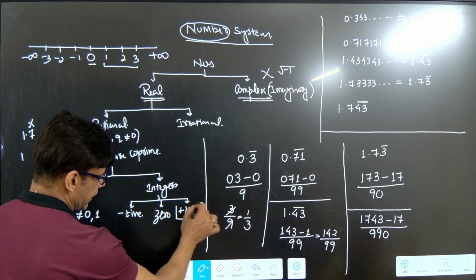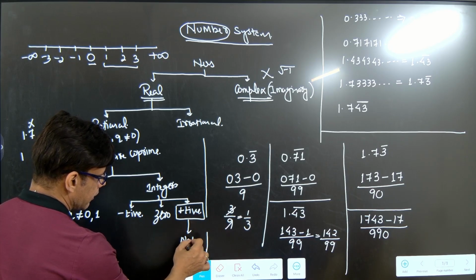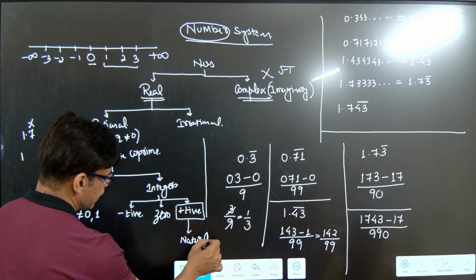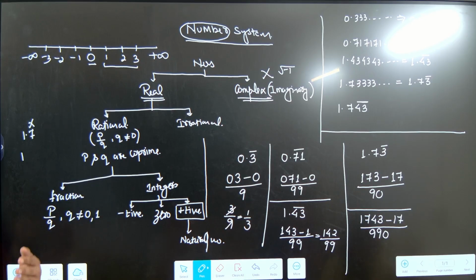All positive integers are also called natural numbers. So if I say 1, 2, 3, 4, 5, 6, all are natural numbers. Natural numbers are the numbers you count with, the number of people in class, the number of trees. So you always count 1, 2, 3, 4, 5, right?